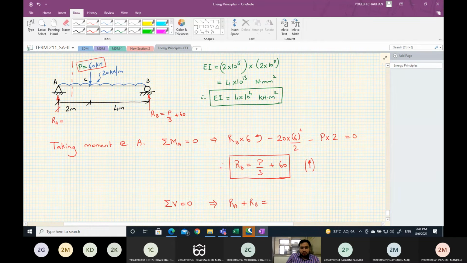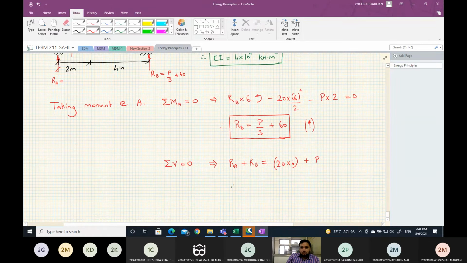RA plus RB will be equals to 20 into 6, that is the total vertical load, plus P. Okay, so this implies RA will be equal to 120, this is 120 plus P minus RB. RB is P by 3 plus 60.